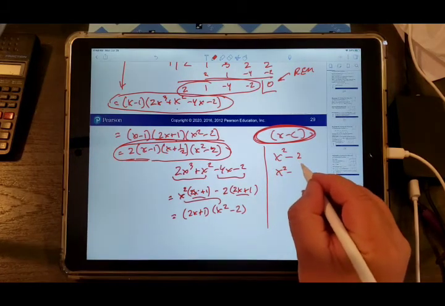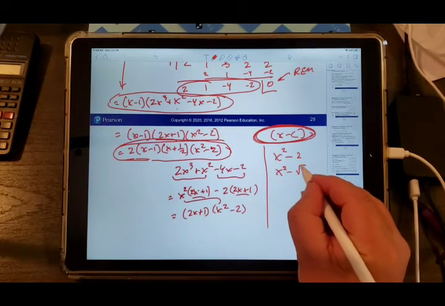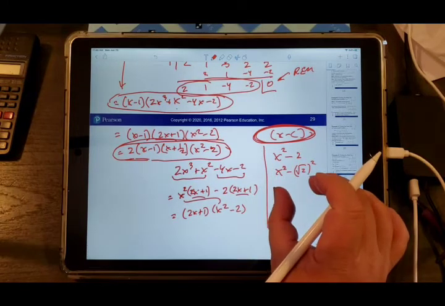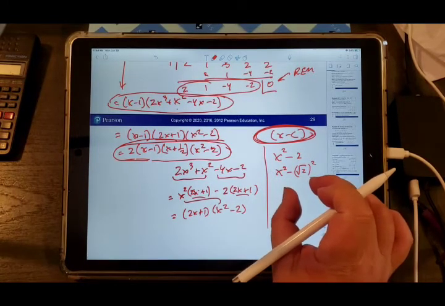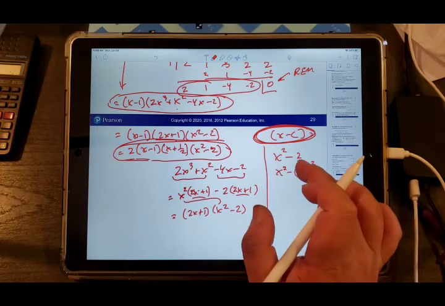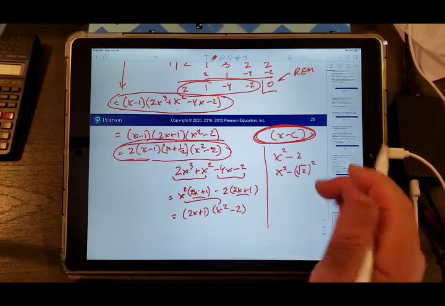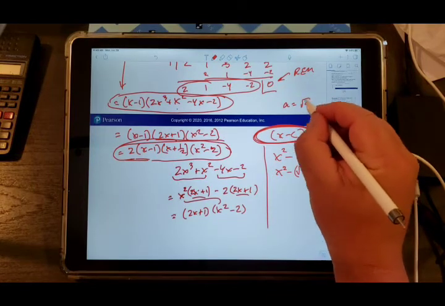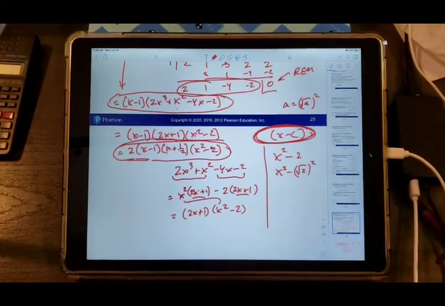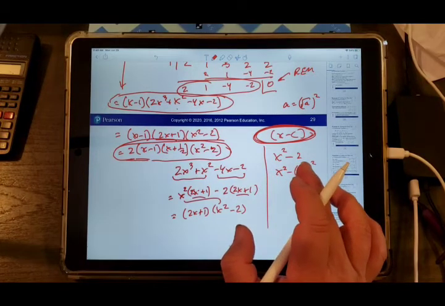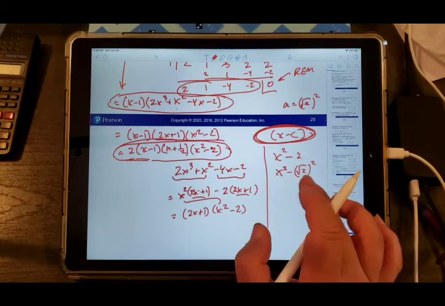Well, you can think of 2 as the square root of 2 squared. So in, I don't know, bizarro world, not quite in complex numbers or more complicated math, 2 is a perfect square. Actually, everything's a perfect square. A is a perfect square if you just write it as this. So you always have a difference of squares if you want it to happen.